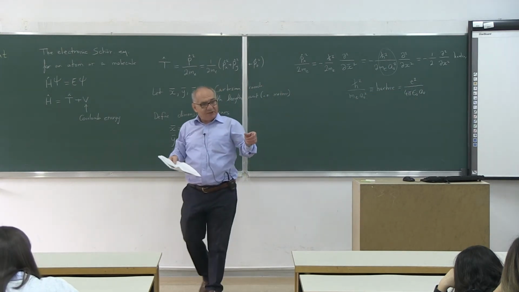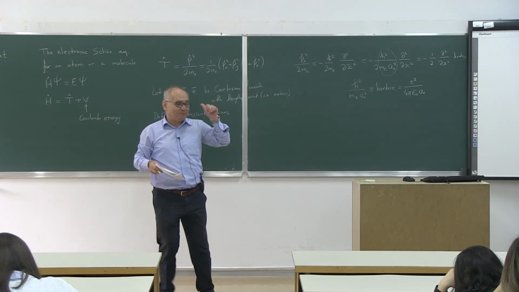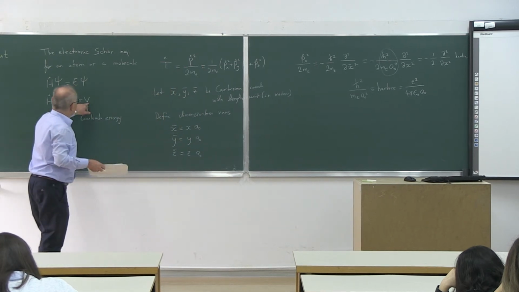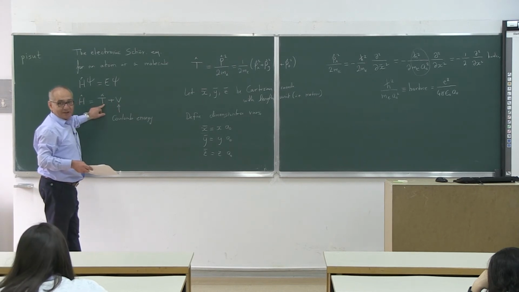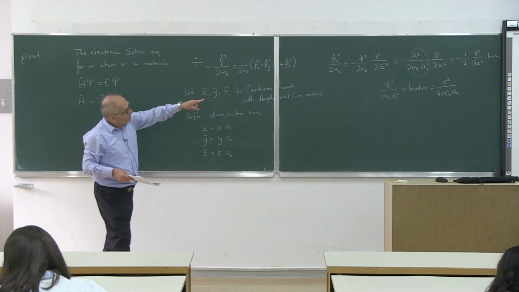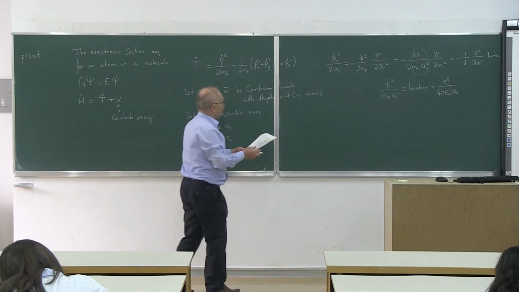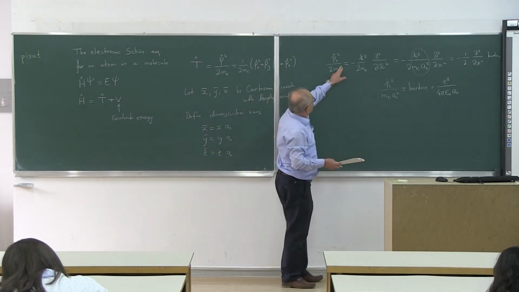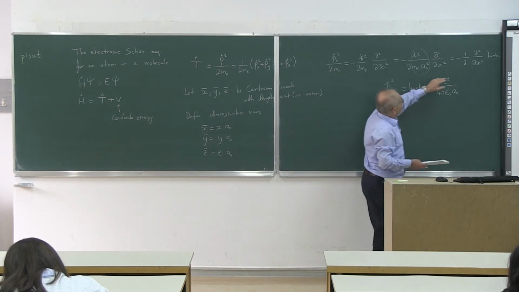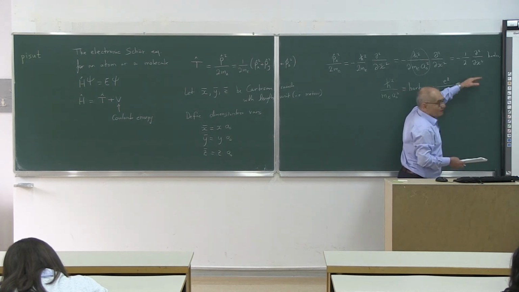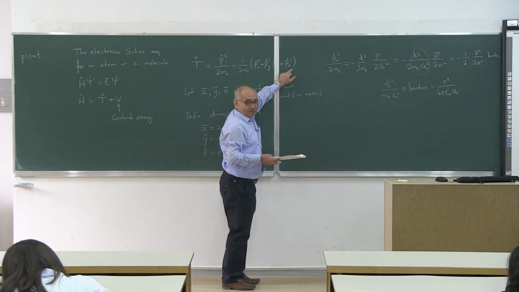We want to express the kinetic energy operator also in Hartree units because our potential energy is expressed in Hartree units. Kinetic energy must also be expressed in Hartree units, and that's how it is done. So this transformation into dimensionless units for x is also done for this term and for that term.